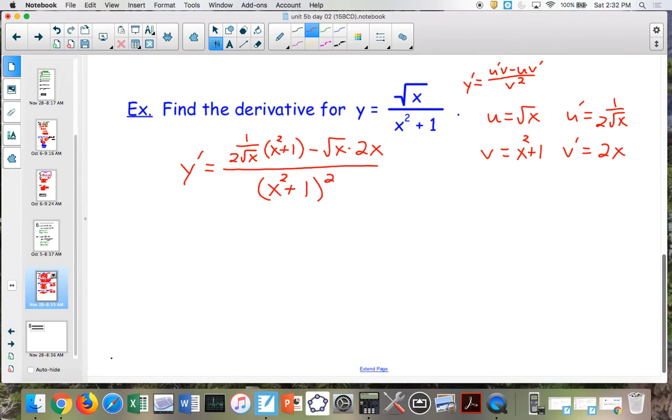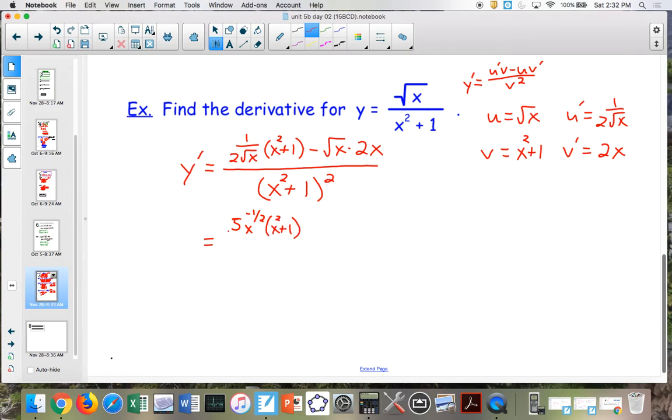Now this one looks a little complicated. I guess we have a complex fraction. Maybe we should do some work and combine stuff. So there's a few routes you could go with this. If you want to keep your life simple, you could change 1 over 2 root x to 0.5 x to the negative 1/2 power times x squared plus 1.